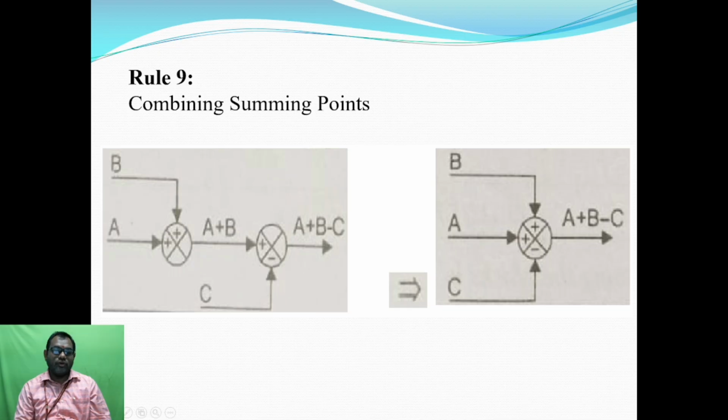So we have to discuss rule number 9, combining the summing points. We have two summing points and need to combine them into a single summing point.